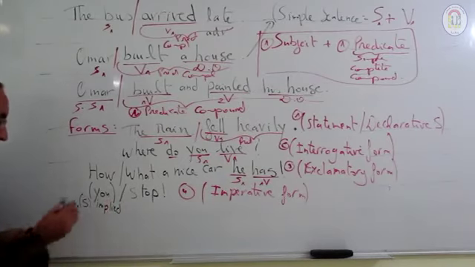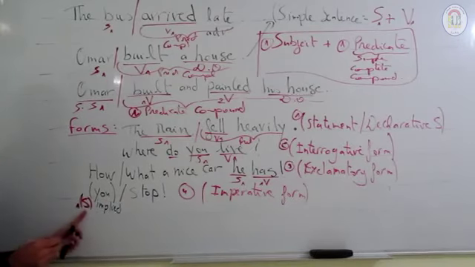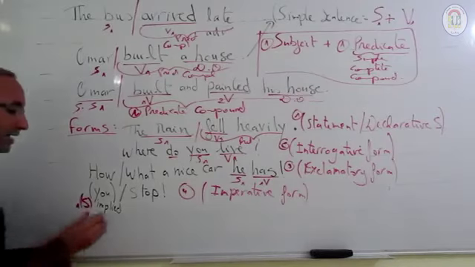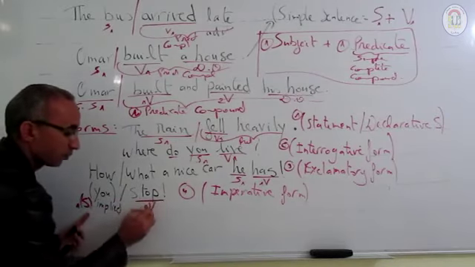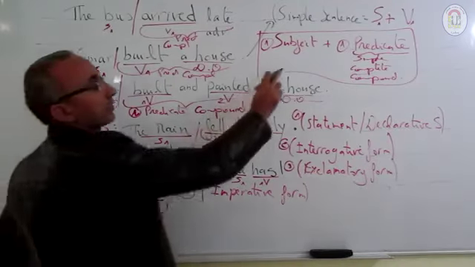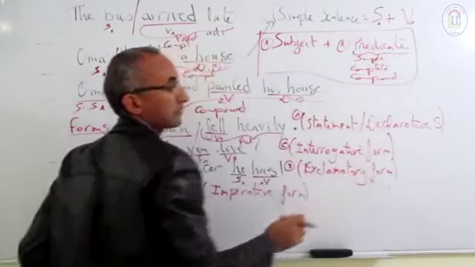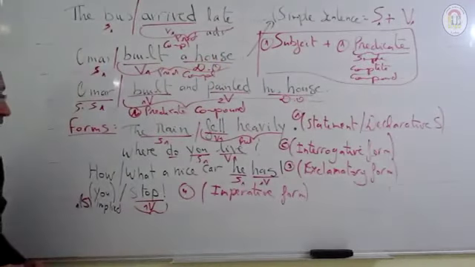Here I have one simple subject and one verb within one predicate. So it is always my simple sentence.